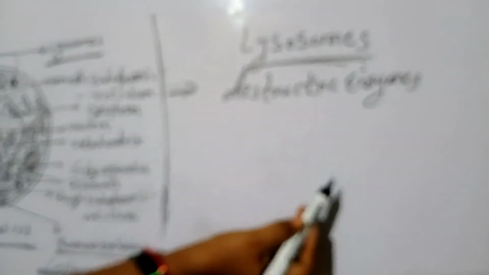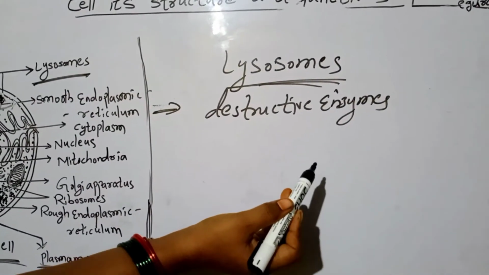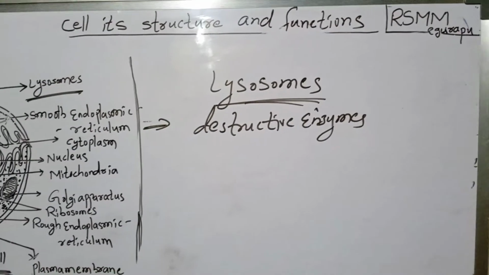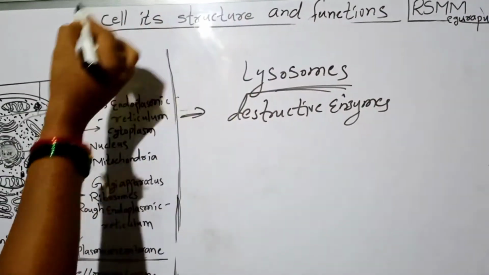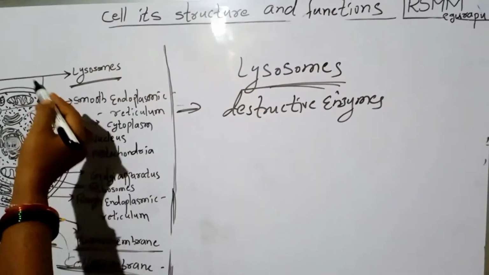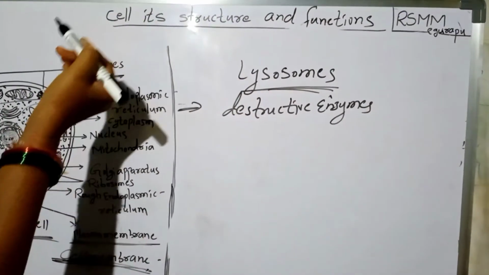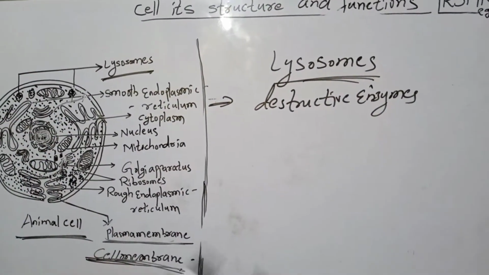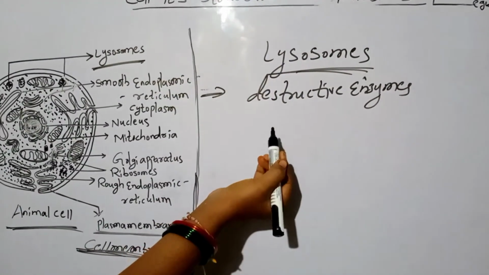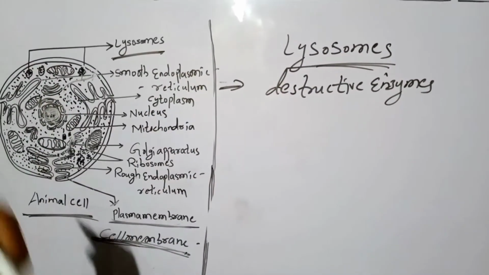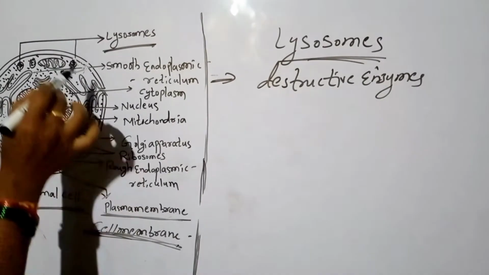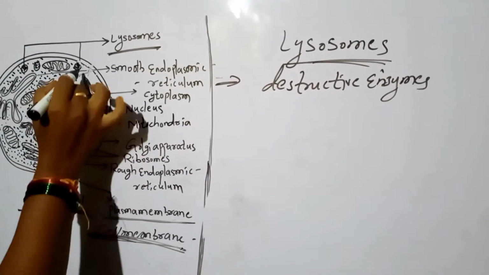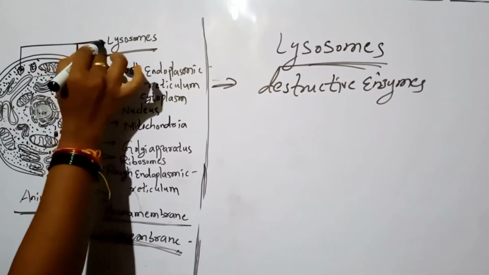These enzymes normally do not come in contact with the rest of the cell. The materials which need to be destroyed are transported to these lysosomes.